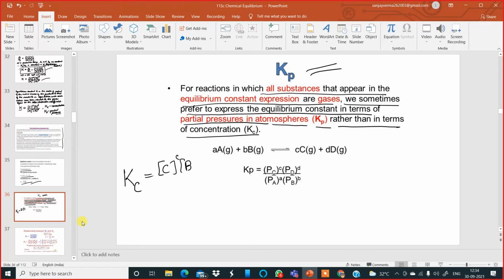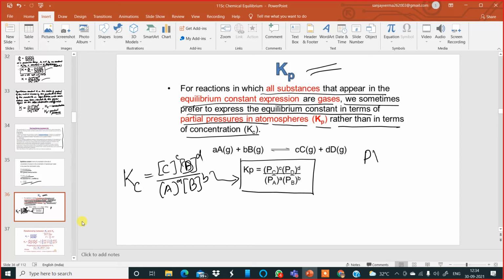This is D, small d. This is A, small a. This is B, small b. This gets converted to this expression. Kp, the equilibrium constant in terms of partial pressure, is equal to Pc raised to the power of c, because we know the ideal gas equation PV is equal to nRT, or I can say P is equal to n by V RT. This n by V, the number of moles by volume, is called concentration.